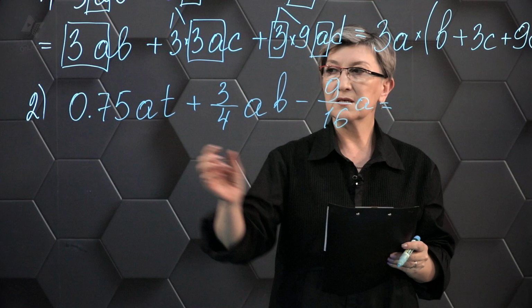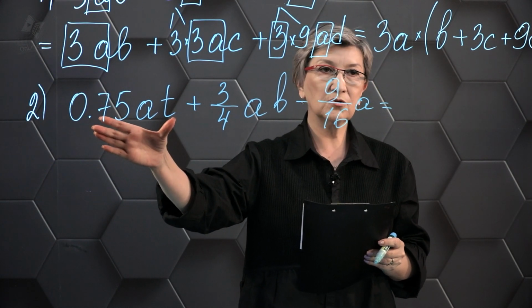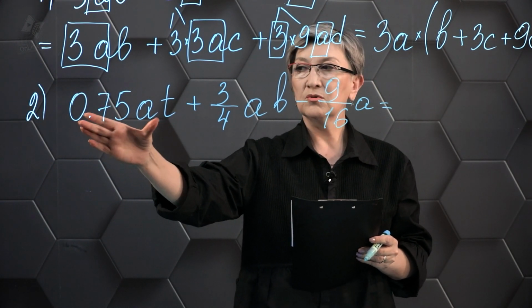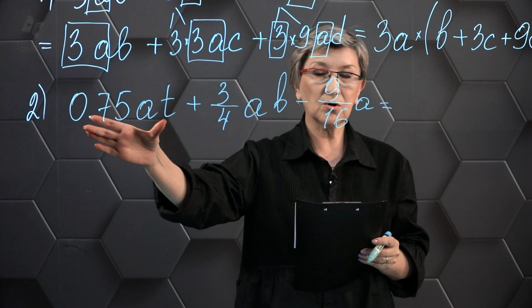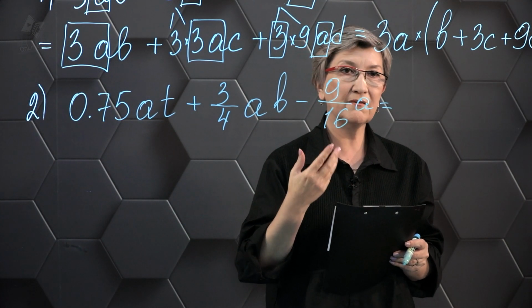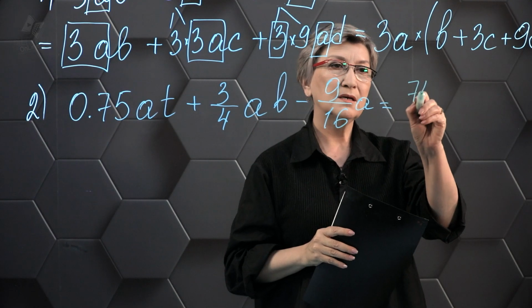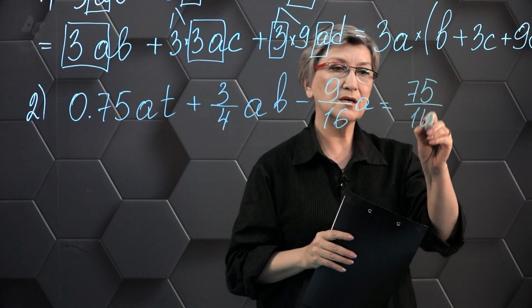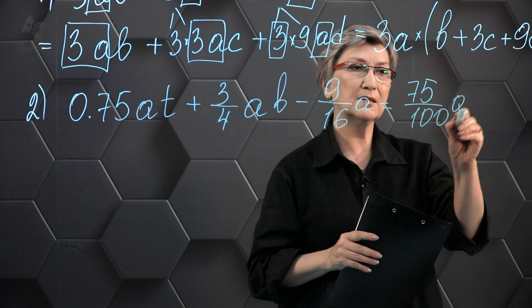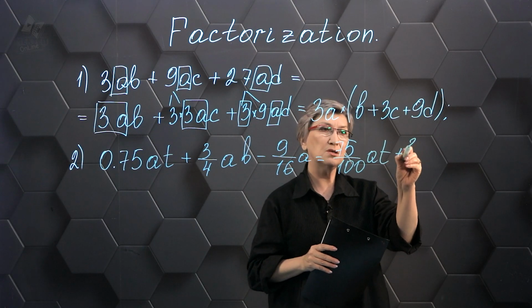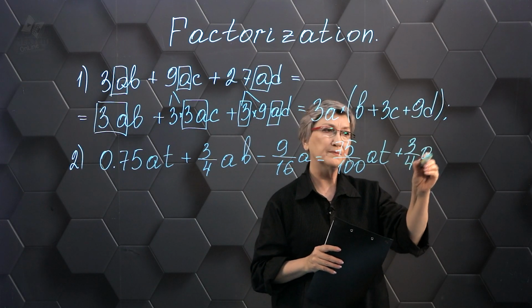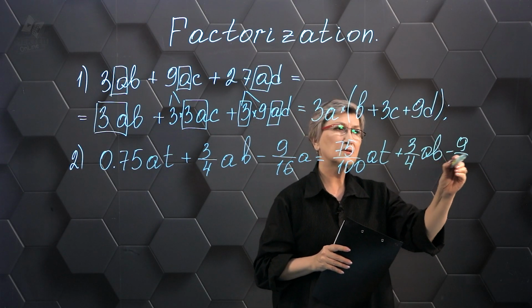What can we observe? The first summand is 0.75. But I can write this decimal fraction as an ordinary fractional number. The 75/100, I will write it down as a fractional number, 75/100 of a plus 3/4 of b and minus 9/16 a.